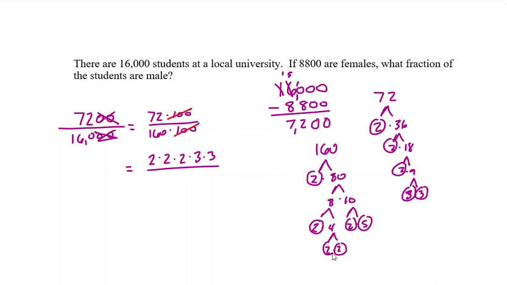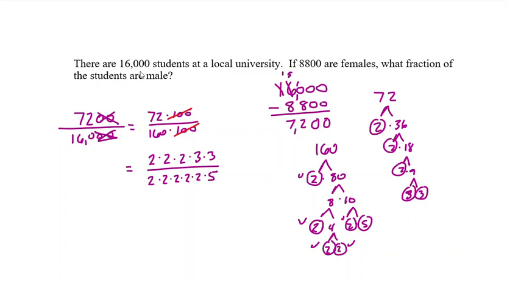So we can make our factor tree look more like a tree if we have it branching off in multiple directions. In the end we ended up with five 2s and the 5. So 2 times 2 times 2 times 2 times 2 times 5.